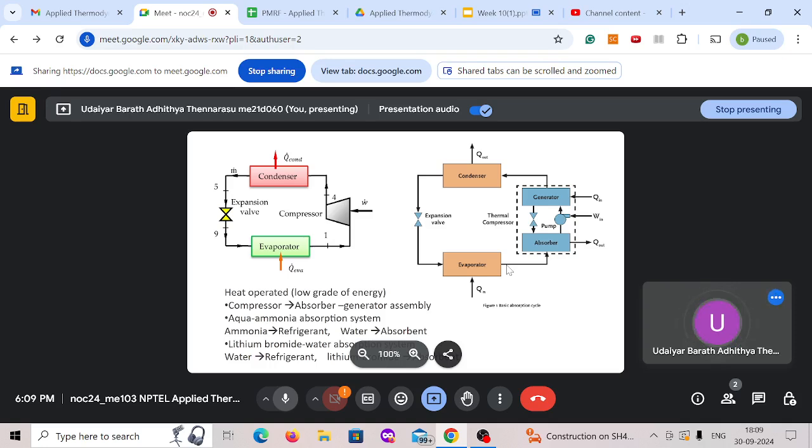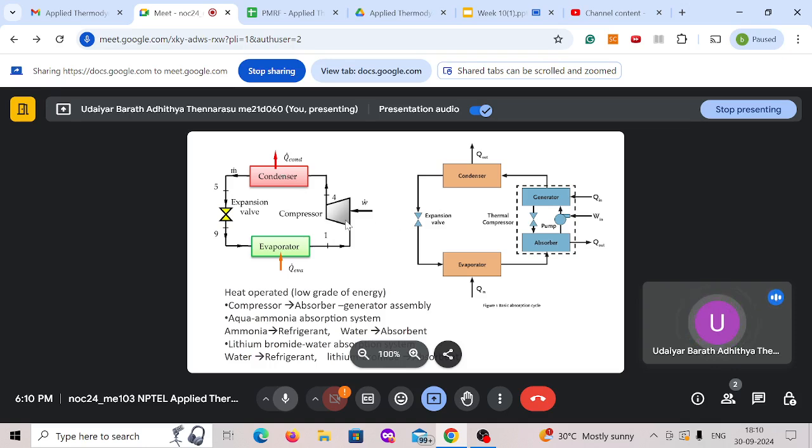In a vapor absorption refrigeration system, you are taking away the compressor and putting in a thermal compressor. It's like a refrigerator or a heat pump run with a heat engine. That's a schematic equivalent of a vapor absorption refrigeration system.